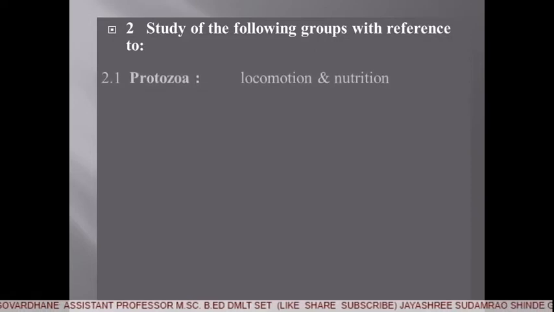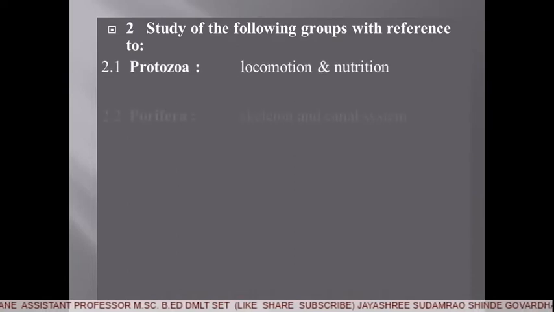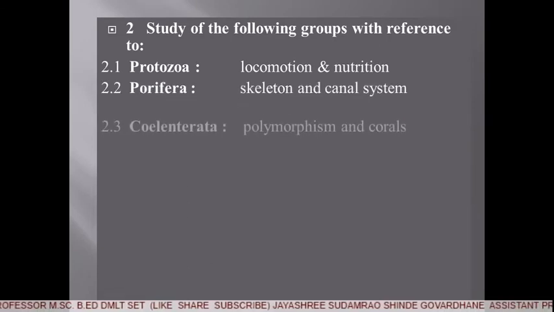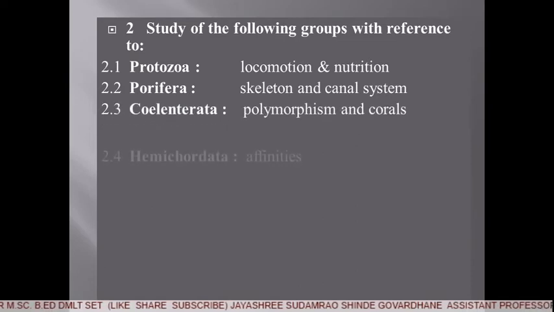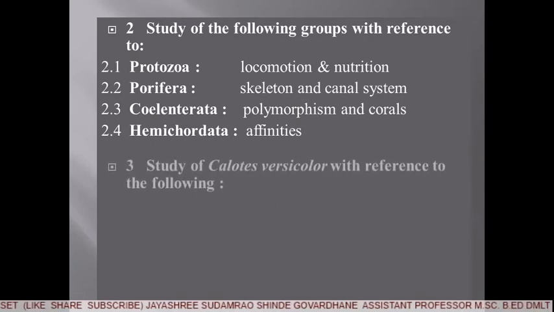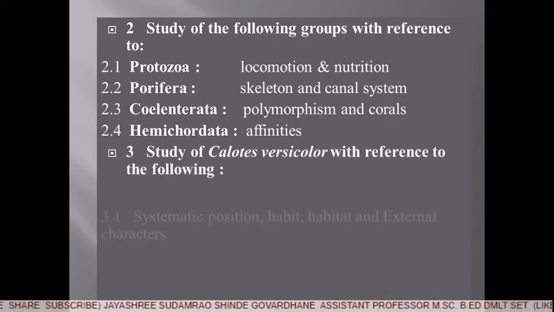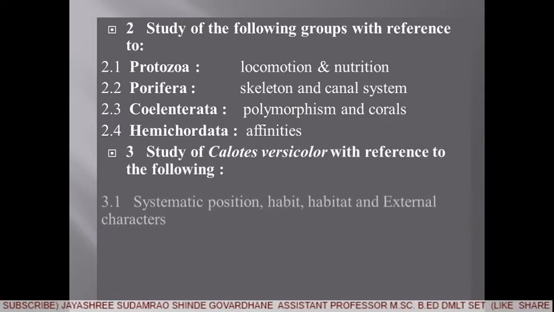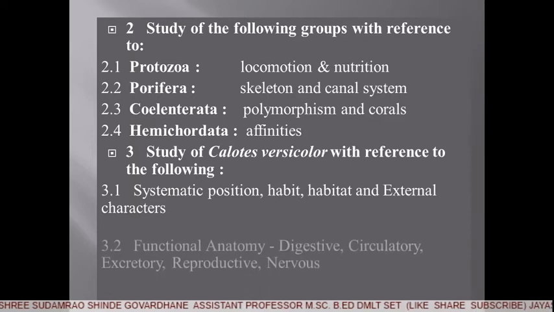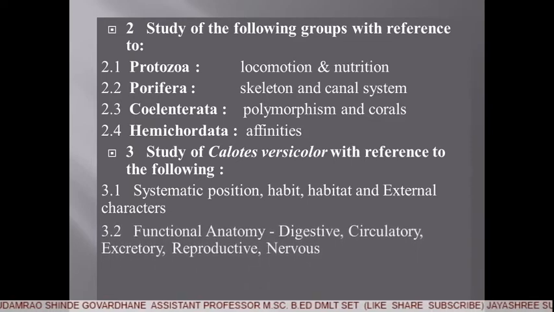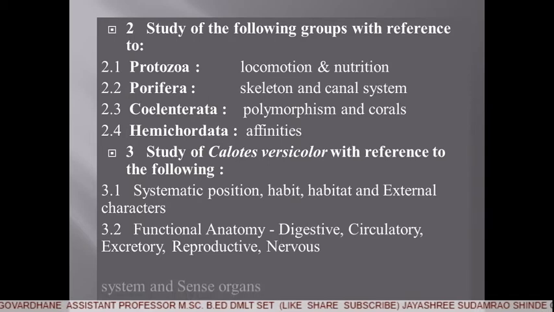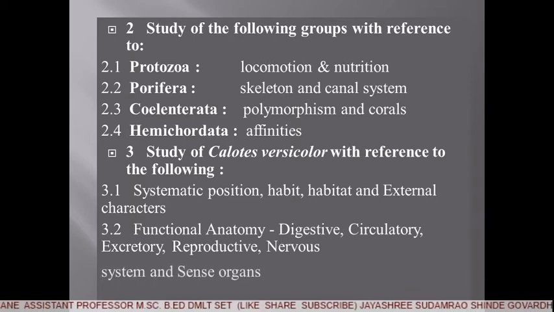In this, we have to study locomotion and nutrition; for porifera, skeletal and canal system; for coelenterata, polymorphism and corals; and hemichordata. The third chapter is the study of Calotis versicolor with reference to its systematic position, habit, habitat and external characters, and functional anatomy of digestive, circulatory, excretory, reproductive, nervous system and sense organs.